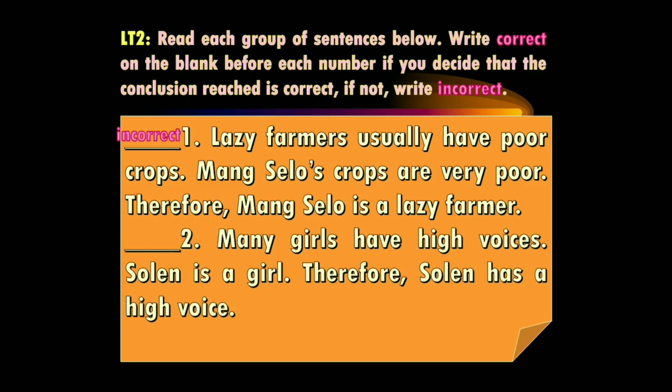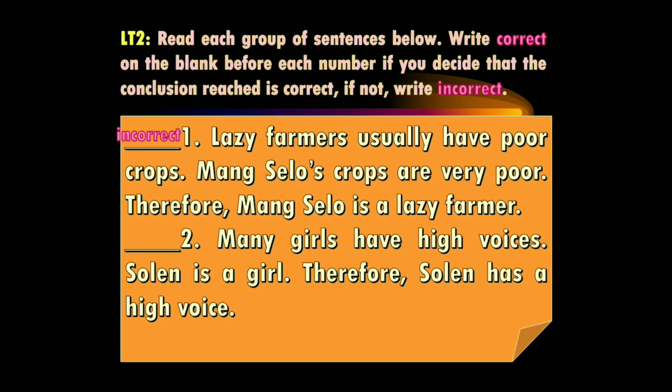For number 2, okay, listen to this. Many girls have high voices. Solen is a girl. Therefore, Solen has a high voice. Is the idea presented enough to tell that the conclusion reached is correct?